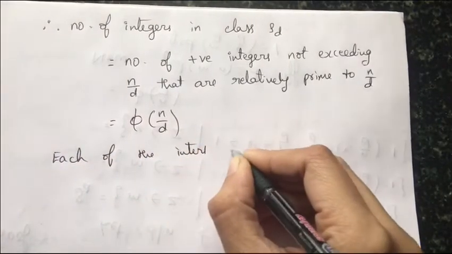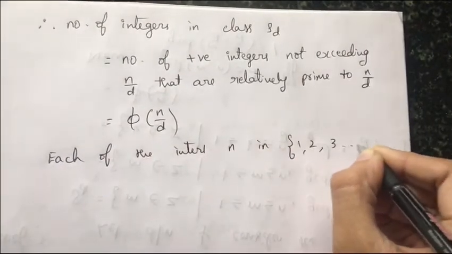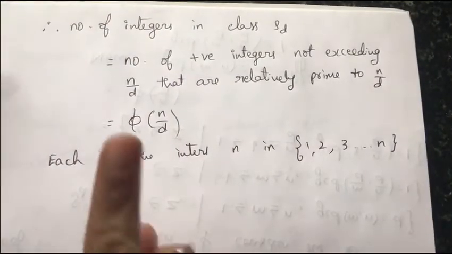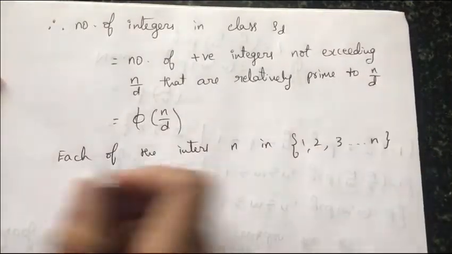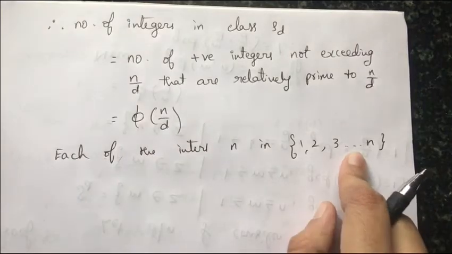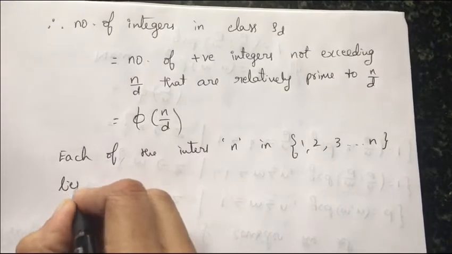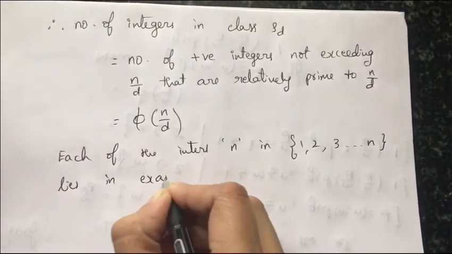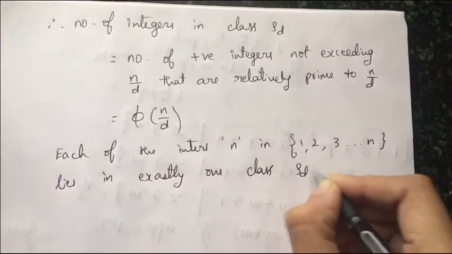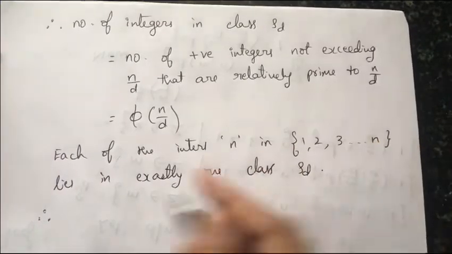Each of the integers n in, say, the set 1, 2, 3 up to n, lies in exactly one class SD, right? I'll explain this with an example again. Each of the integers in this set lies in exactly one class SD. Therefore, how many integers are there? N integers.